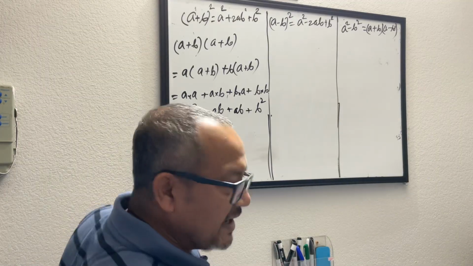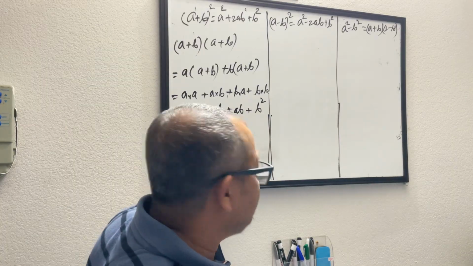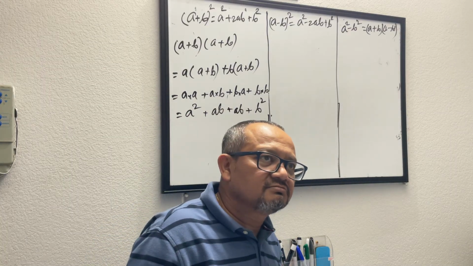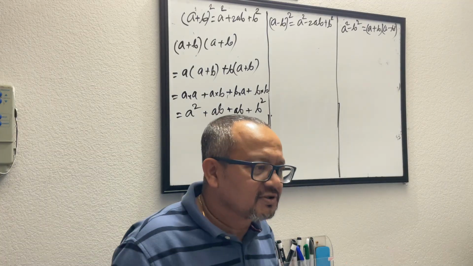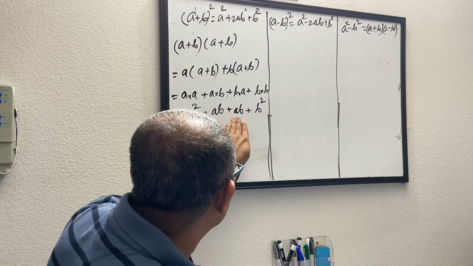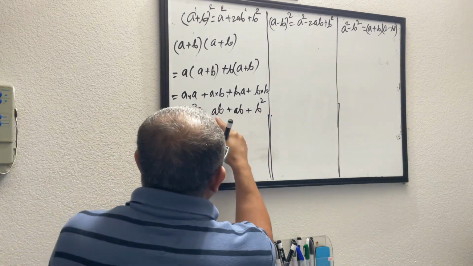If a square is apple, b square is banana, and ab I'll call a watermelon, anything is okay. So this is one fruit, these two are the same fruit, and this is a third fruit. So this becomes a squared plus ab plus ab.